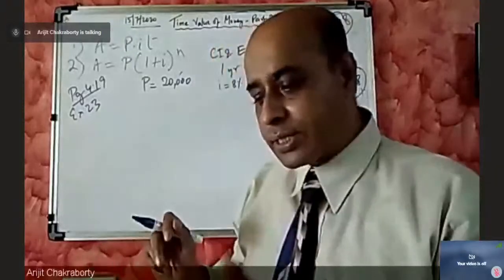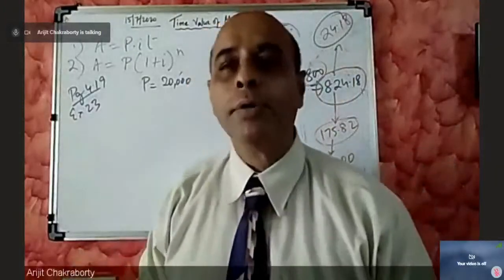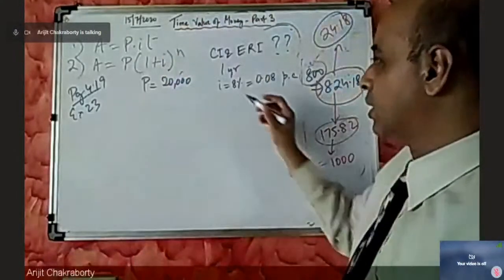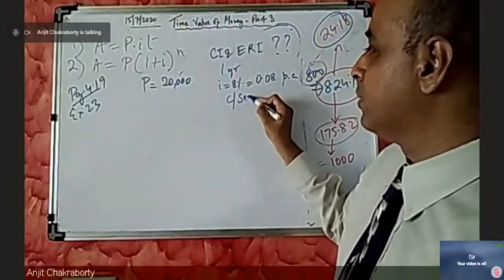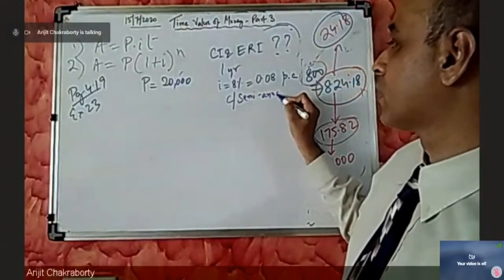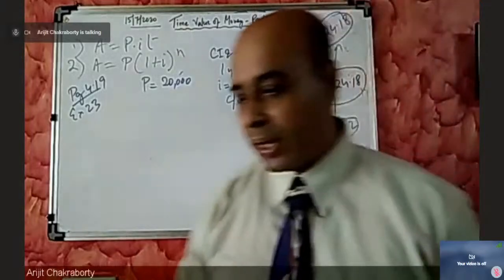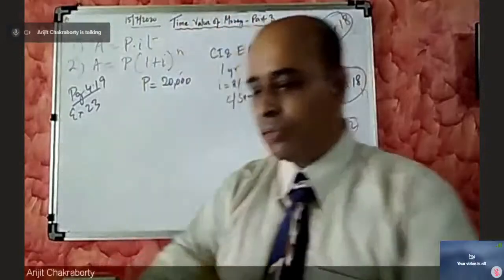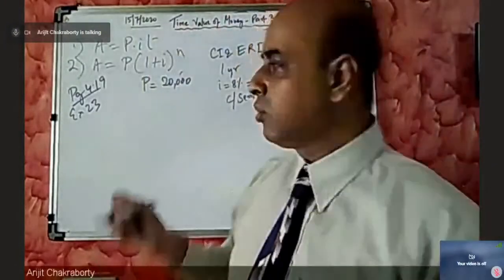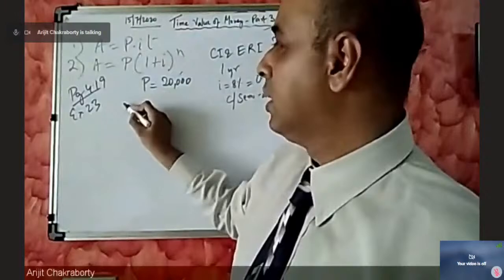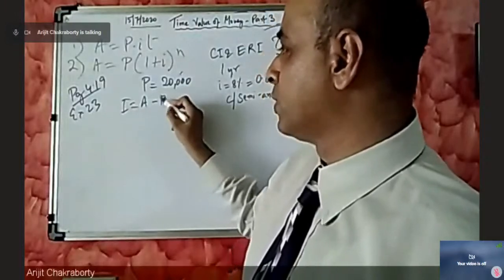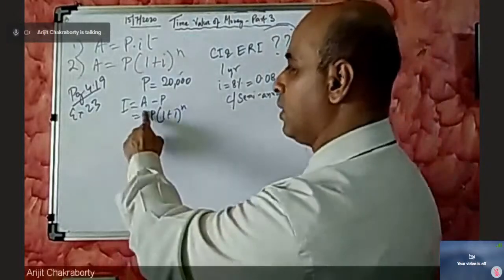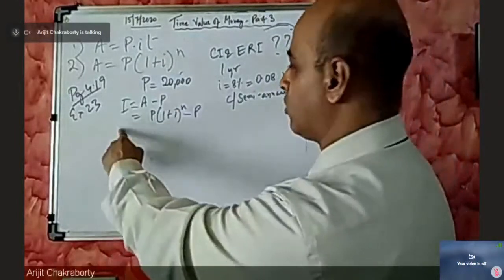The compounding is done semi-annually, that means every 6 months. We have to find the amount of compound interest. Interest is equal to amount minus principal, and the amount is P into 1 plus i to the power n, minus P. This will give you the compound interest.